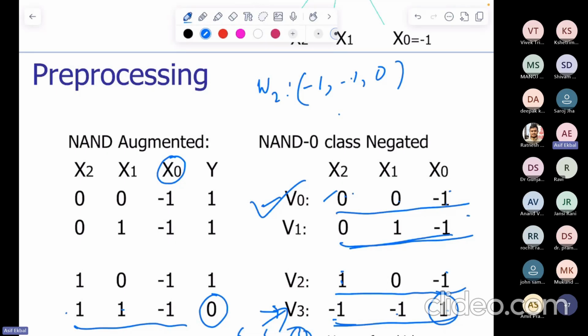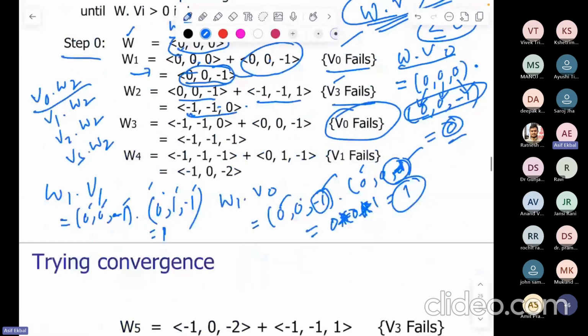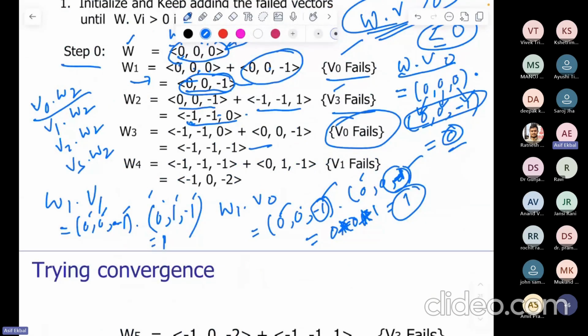So you see that W2 into V0 will be less than or equal to 0, right? Because it is becoming 0. So here itself it fails. So now you have to update this weight by adding with this. So it will be -1 plus 0, -1, 0, -1, -1, and 0, -1, -1. It will be then what? -1, -1, -1. So this is how these weights are coming here.